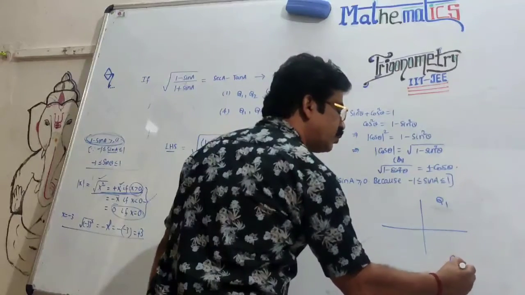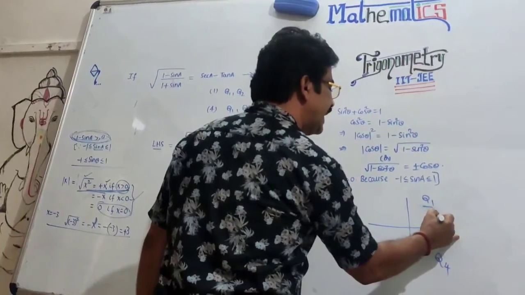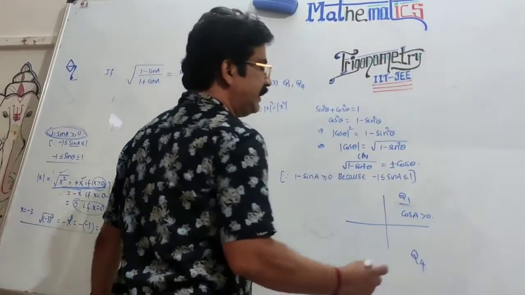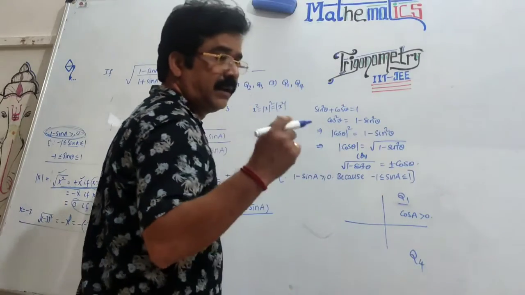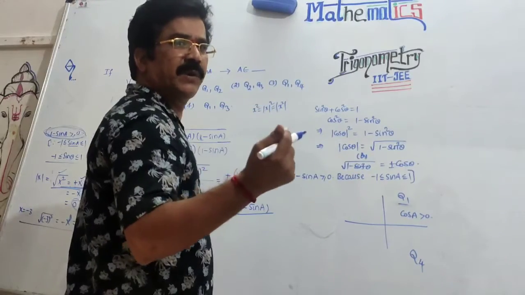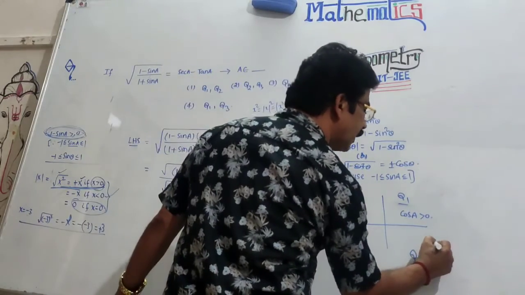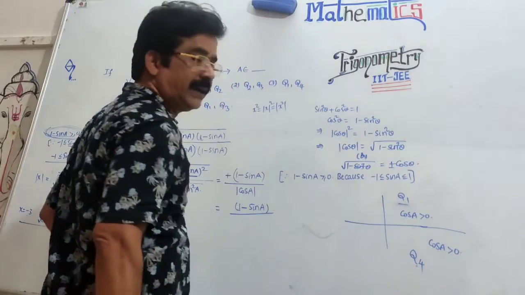This is the fourth quadrant. Here, all are positive. Therefore, cos A is positive here. Next, all silver teacups. Cups means C, the first letter C, means cos theta and its reciprocal secant theta. So therefore, cos A is also positive in the fourth quadrant.